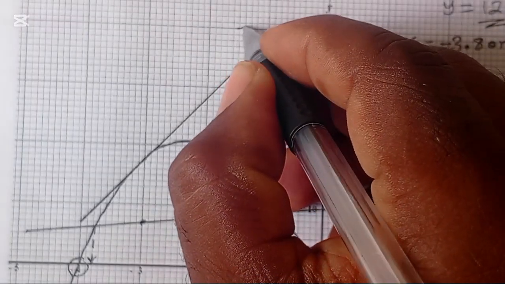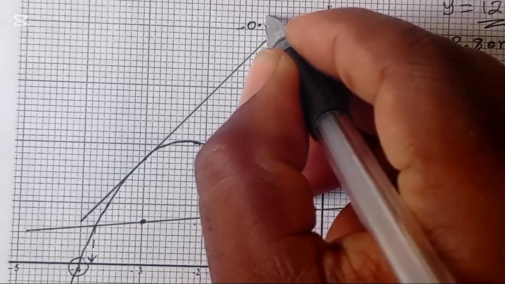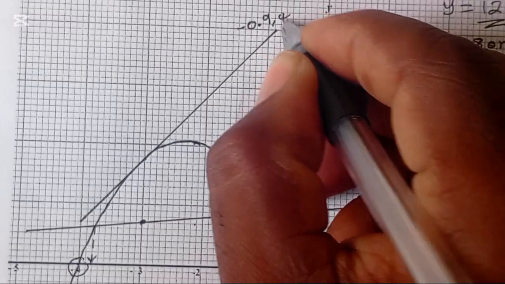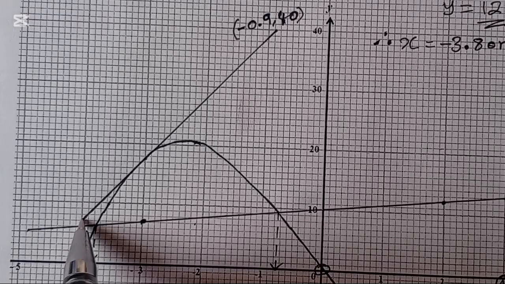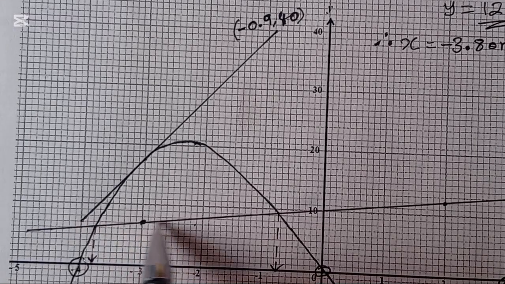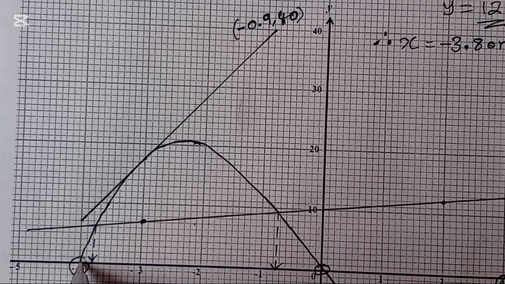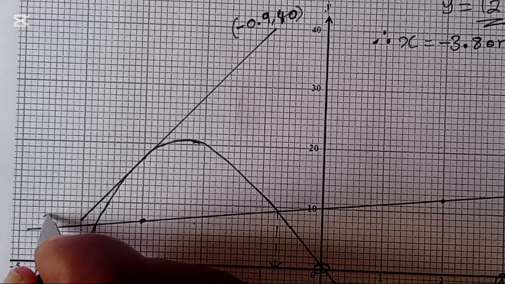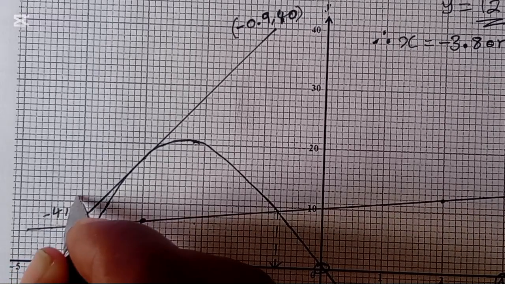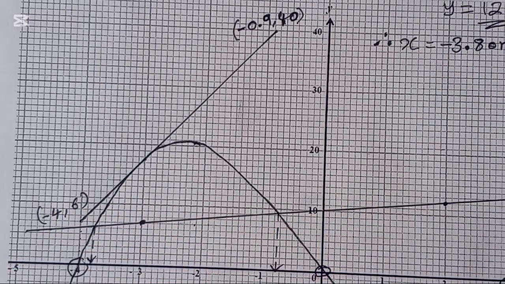So negative 0.9, comma 40. Come here. This is negative 4, comma 0, 1, 2, 3, 4, 5, 6. Okay, negative 4, comma 6. So these are the 2 points that we have.